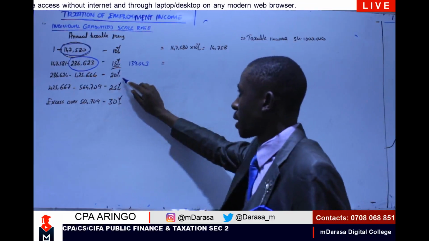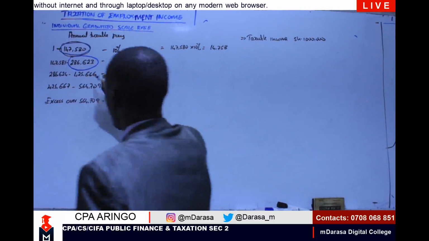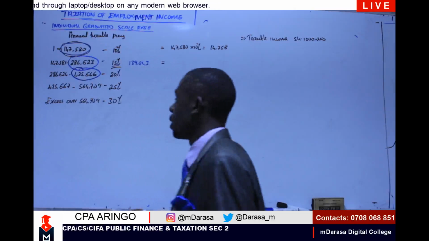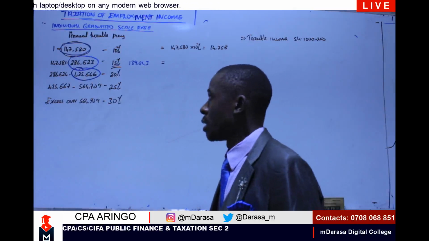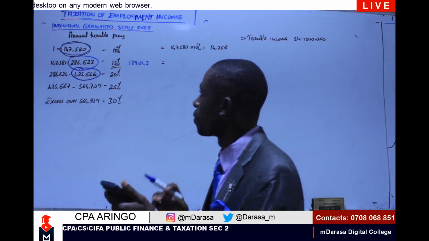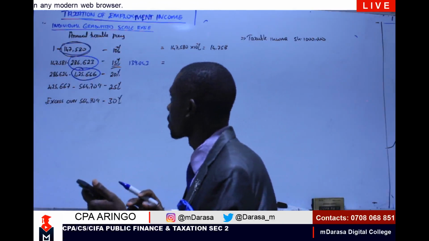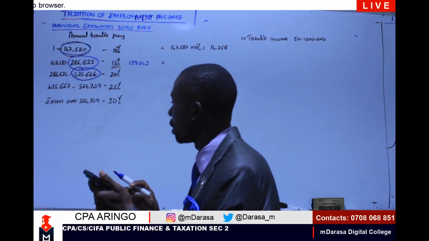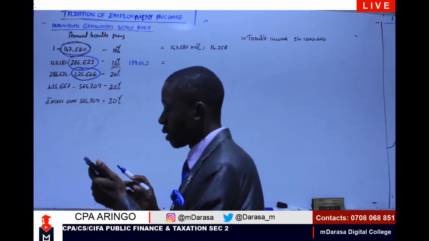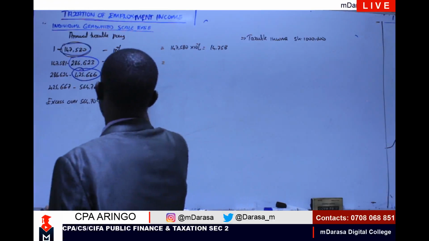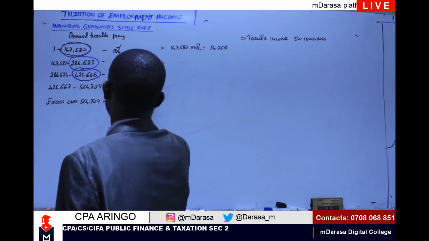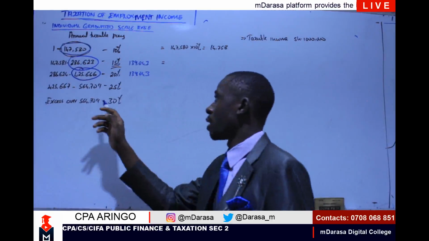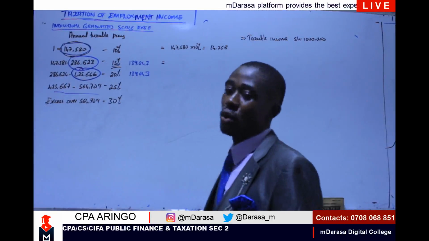Again, for the other bracket of 20%, I'll be having 425,666 less 286,623, to give us the same figure, 139,043. What about this scale? Same concept will apply.